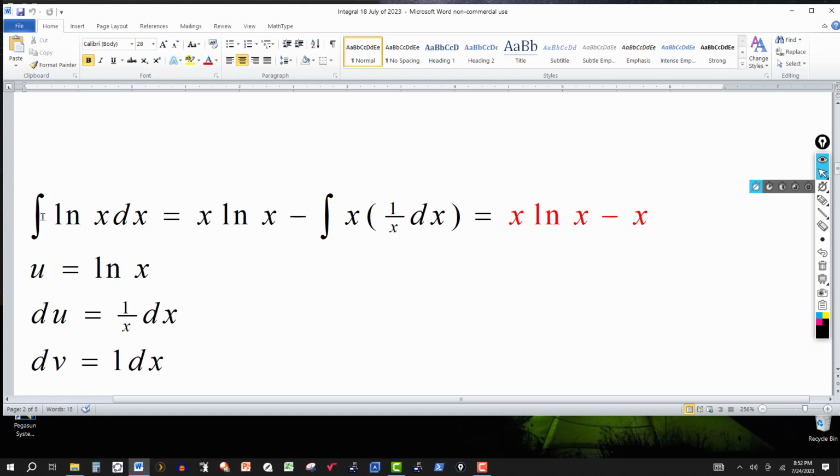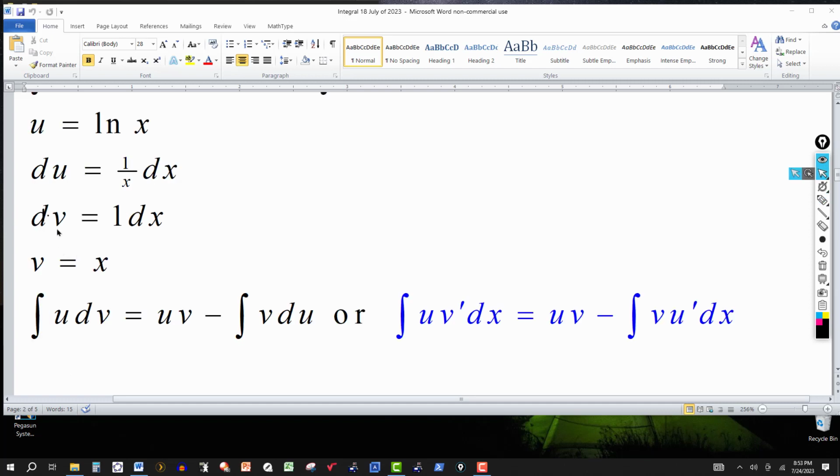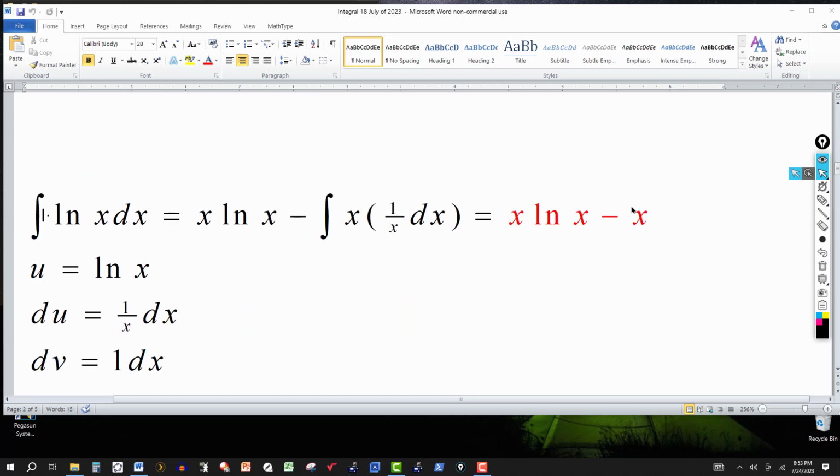You can always multiply any function by 1, it doesn't change, so here I have 1 times ln, so I can put a 1 here. u is equal to ln of x, so du will be the derivative of ln of x, which is 1 over x dx. dv will be 1, or 1 dx, so the integral of dv, or 1 I should say, is x. So then we have the setup here.